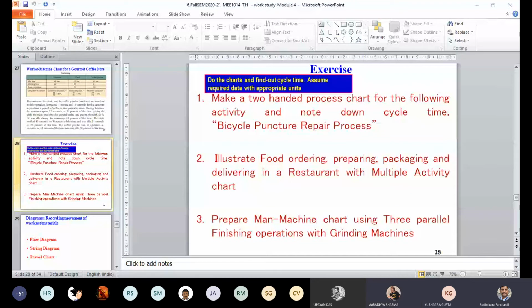Till what time can we submit? Maybe by today night at 8 o'clock. Please note down, otherwise take a screenshot or whatever you want. You can note down these examples.